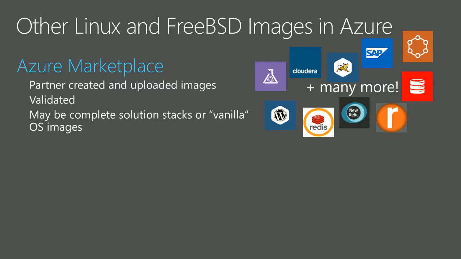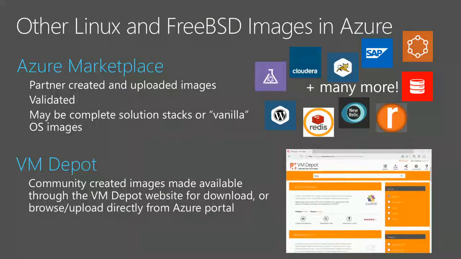It's just the Linux distro package without any added-on solutions. Now, some of the other ones available in Marketplace come from partners. They actually have a solution stack together with it. For example, you have WordPress, Redis comes together with it. And they could also provide a vanilla OS as well. Those images you can also find in our Marketplace, and they come from partners.